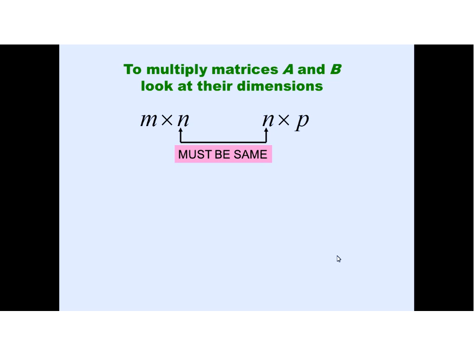As I told you earlier, we can multiply only when we have M cross N and N cross P. If these two N are not the same, then we cannot multiply these two matrices. So the size of the product is M cross P; it does not matter if M or P are different.